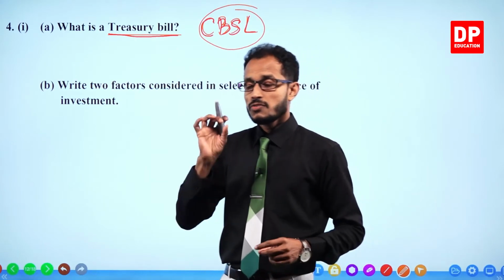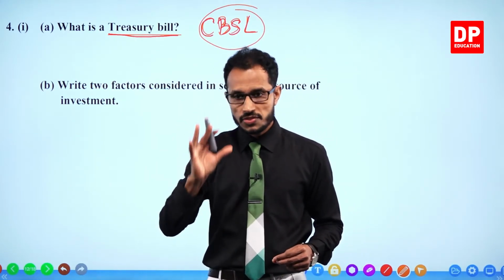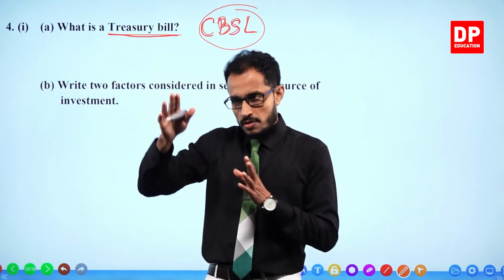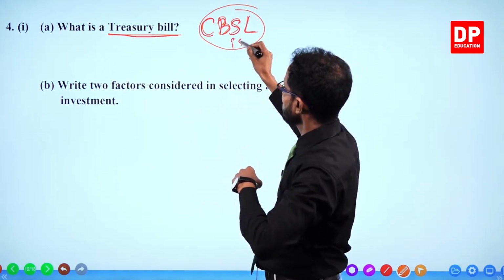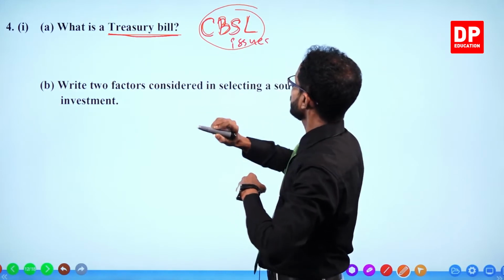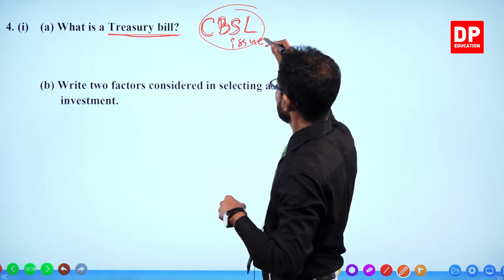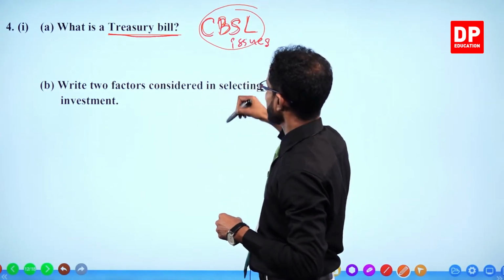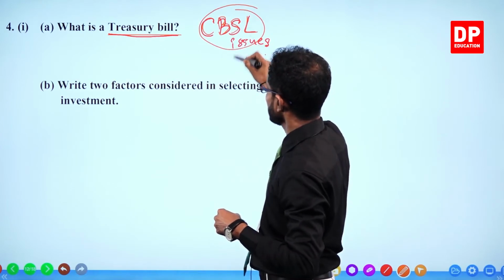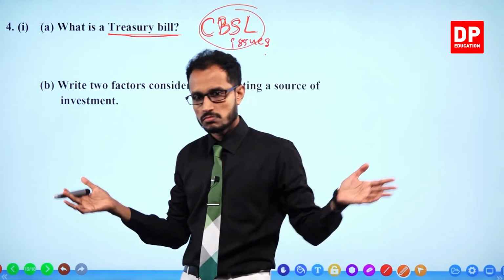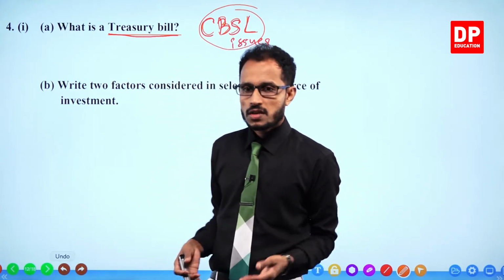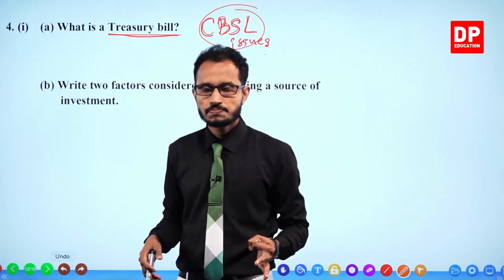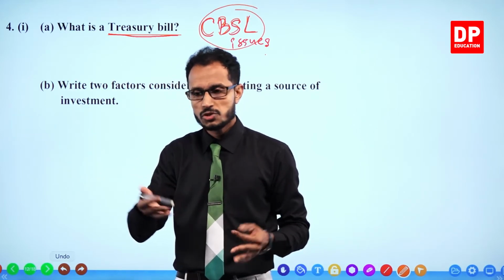In other words, for the short-term financial needs of the government, the central bank issues treasury bills to the general public through commercial banks of the country, like Sampath, Ceylon, issued to us.